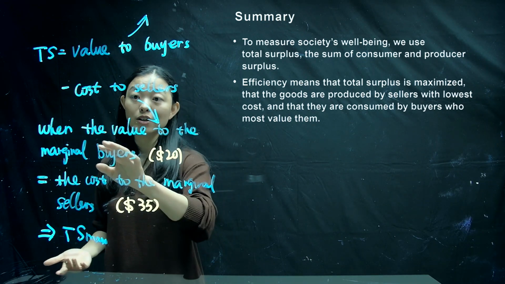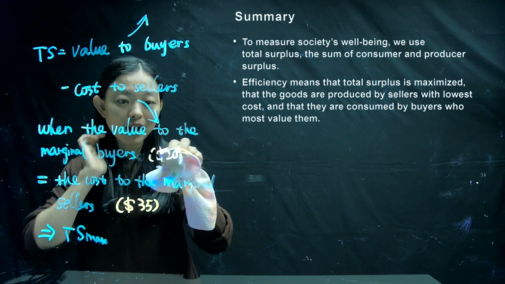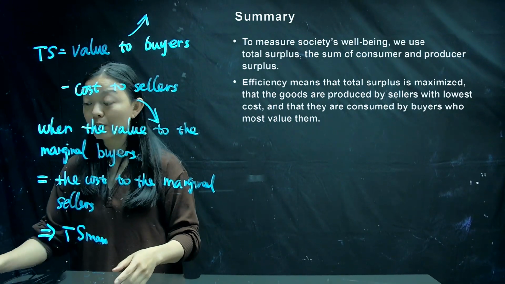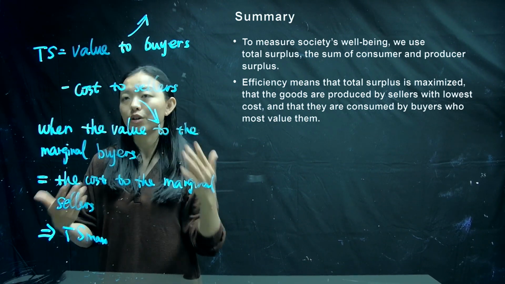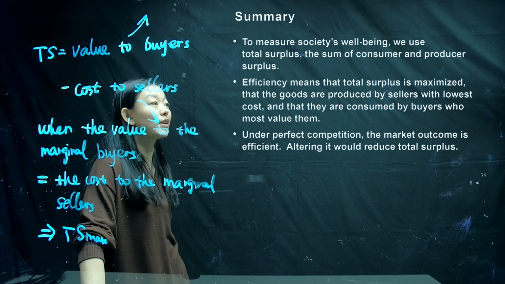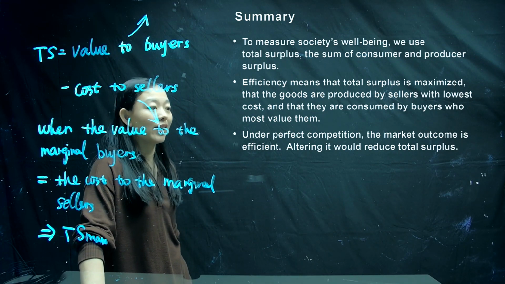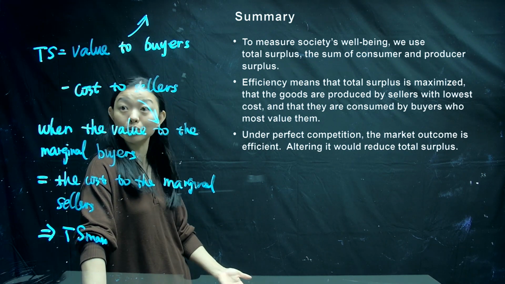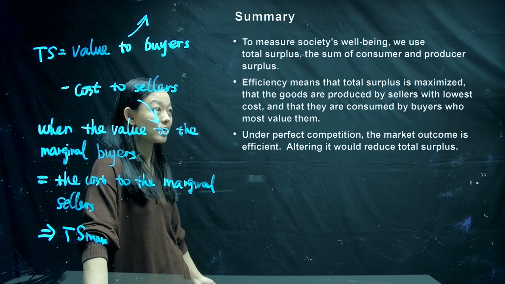The rule of thumb tells us that when the value to the marginal buyers equals the cost to the marginal sellers, the total surplus is maximized, which means at the market equilibrium point, the total surplus is maximized. So under perfect competition, the market outcome is efficient. However, in other markets, such as monopoly or oligopoly markets, it might not be true.